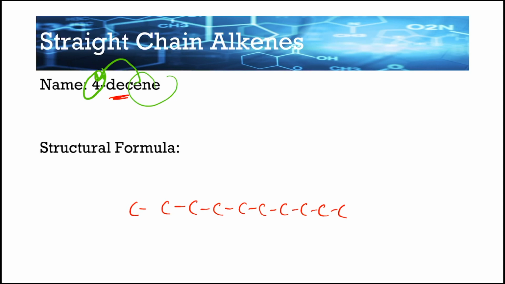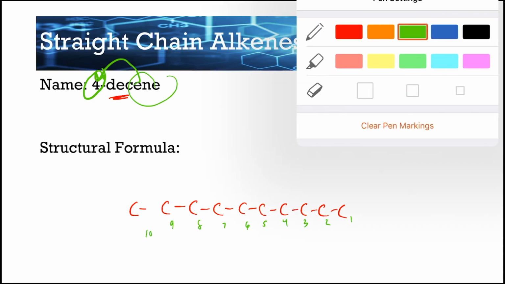So let's just, for this example, start labeling on the right side. Okay, 1, 2, 3, 4, 5, 6, 7, 8, 9, 10. Remember, it doesn't matter which way you start labeling, as long as you're consistent throughout the drawing process. So I think on the answer key I have it the opposite way. This is just to show you that it can be done both ways.